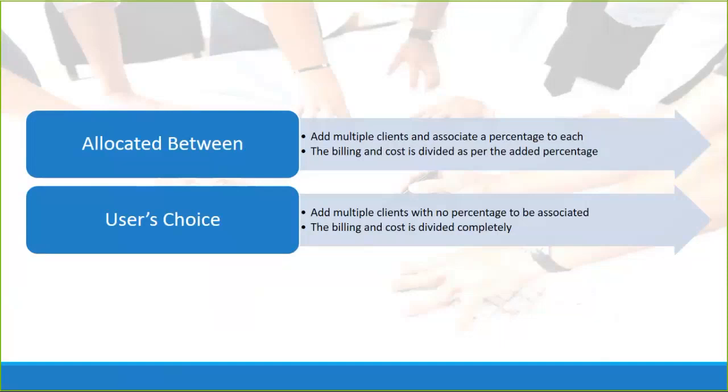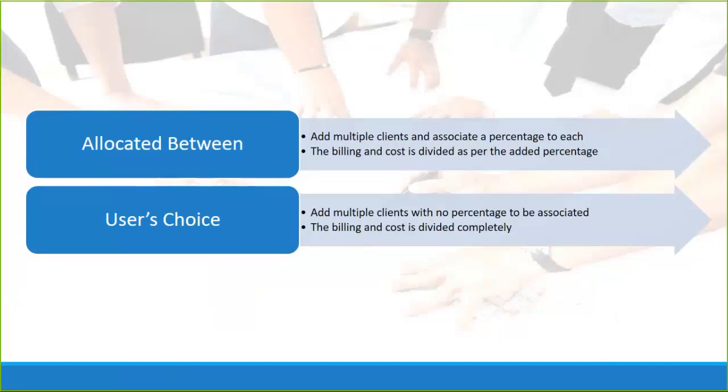So the percentage of cost that I'm going to get from those clients is going to differ. So I can have a percentage allocation done for those particular clients, and the billing and cost data is divided as per whatever percentage you add into the system. So you assign a percentage, and then your billing and cost divides based on that.